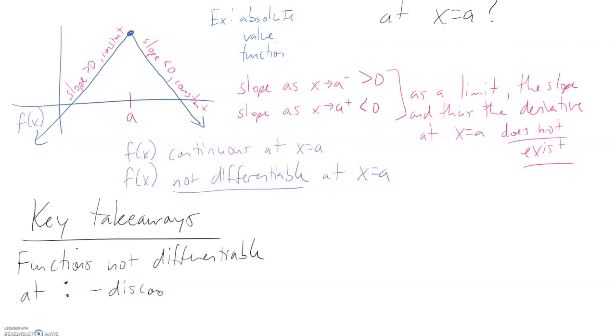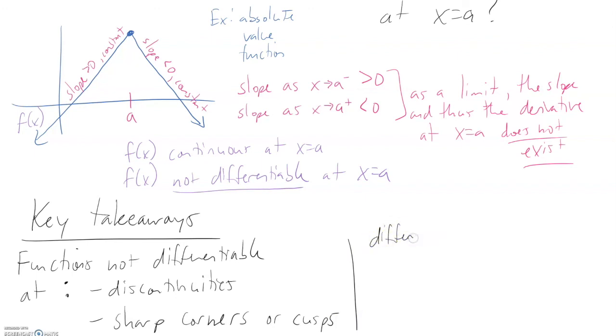If you have a vertical asymptote, you don't even have a point, so how could you possibly define the slope of something tangent to that point? And also, like you saw from the absolute value graph, any sort of sharp corner, or another way of seeing those is also what's known as a cusp, but anywhere where you have an abrupt change in slope, and the slopes to the left and right around a certain point do not match up.